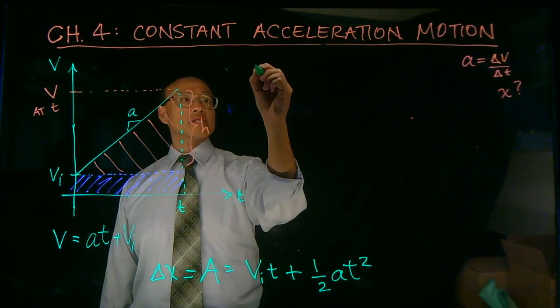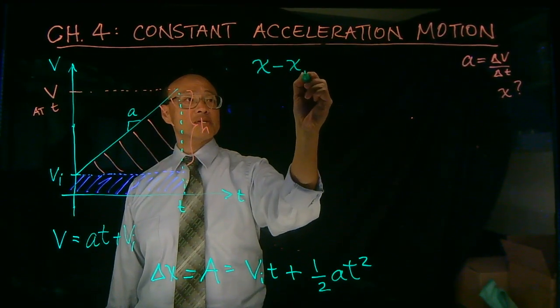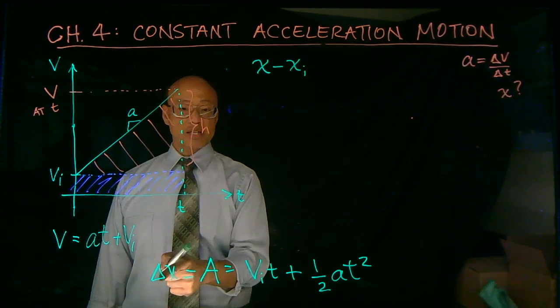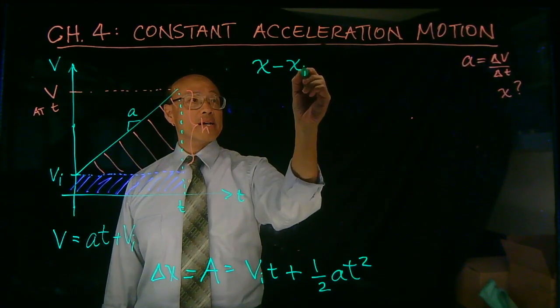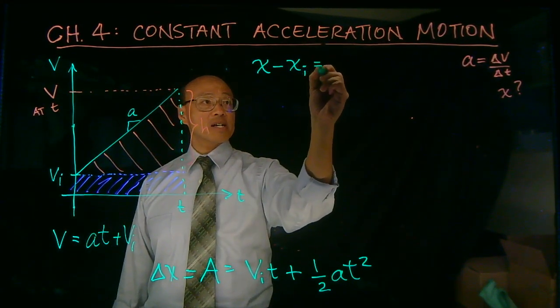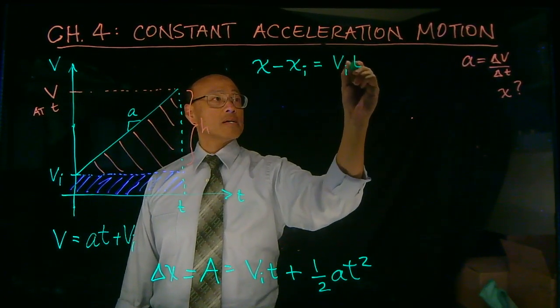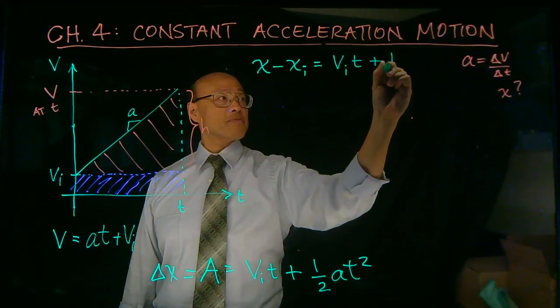What's delta x? It's actually where I'm at minus my initial position, because that's what the delta is, or my x at time t minus my initial position. That's got to equal vit plus 1/2 at squared.